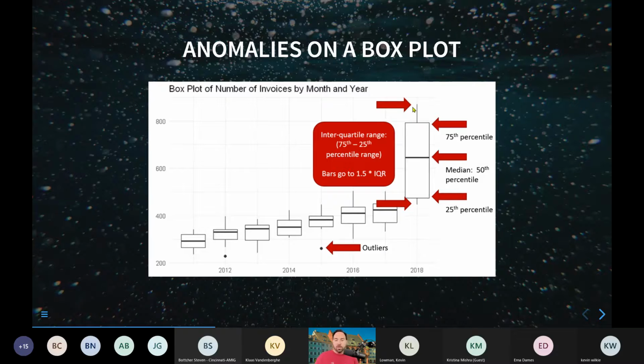Then we have these whiskers. This is also known as a box and whisker chart. The whisker is 1.5 times the interquartile range. In other words, the length of this box, 75th minus 25th percentile, multiplied by 1.5, going in either direction, and that forms the maximum length of the whiskers. If there are no data points that are beyond, like right there, if there's nothing up here, the whisker will stop right here because that was the last data point.